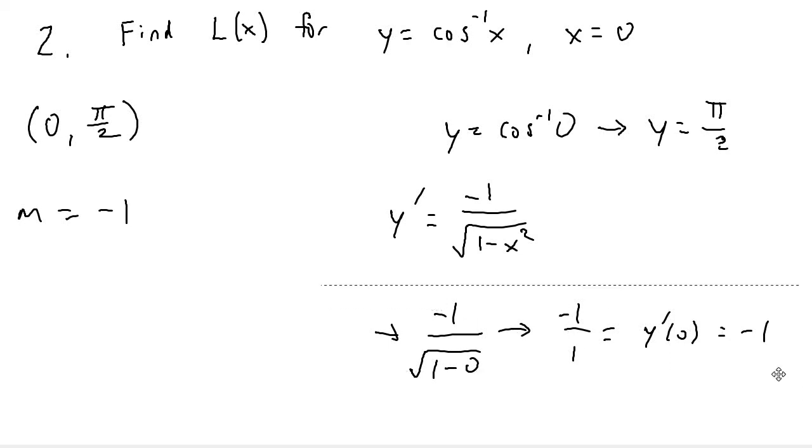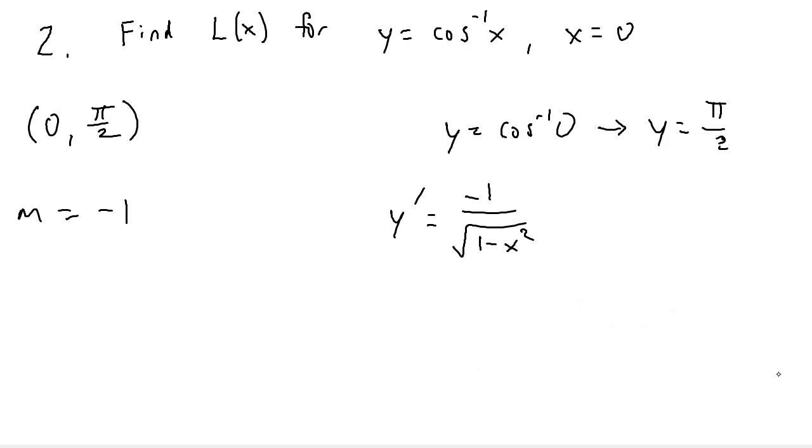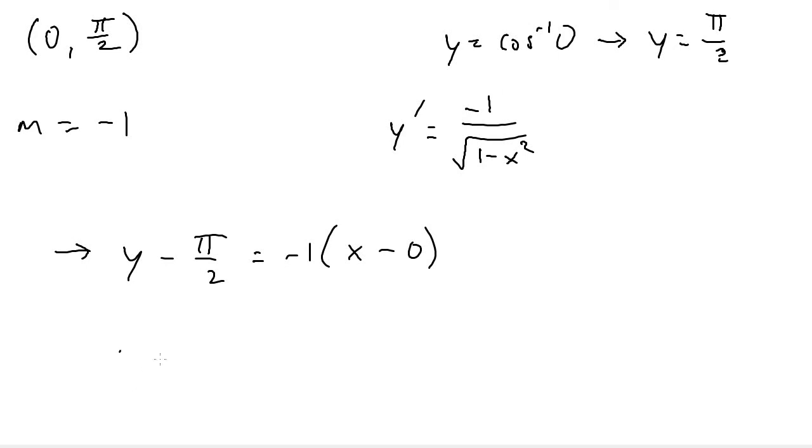So now I can put all that I found in point-slope form. So y minus y1, so our y coordinate, pi over 2, equals the slope, negative 1, times x minus x1. Our x coordinate is 0. So if I simplify this further, you get y minus pi over 2 equals x minus 0 is x, and negative 1 times x is negative x.